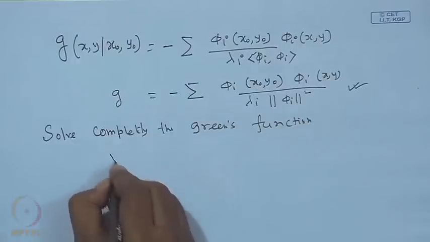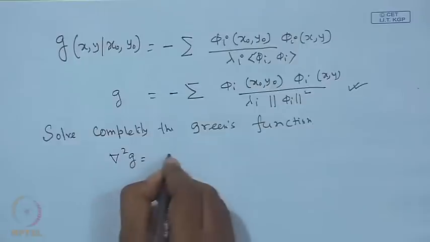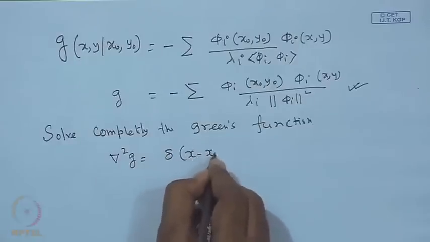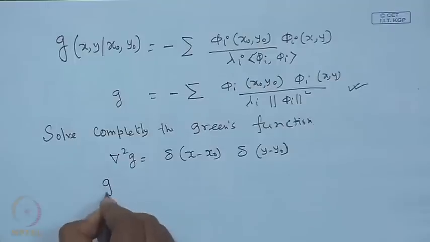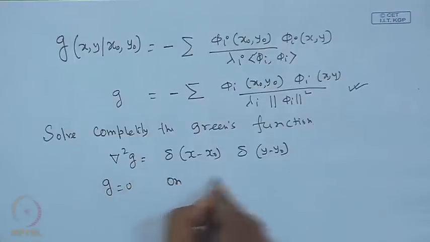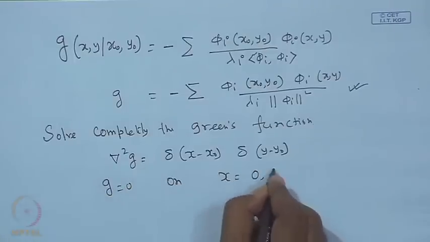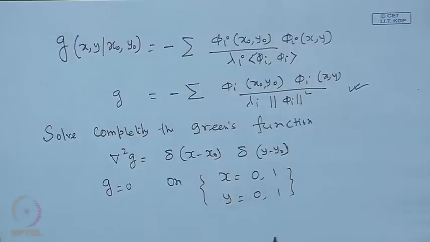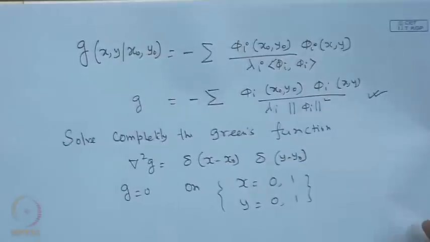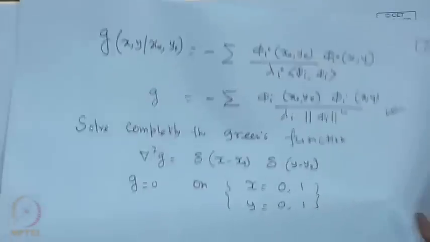So, grad square G is equal to delta x minus x naught delta y minus y naught, and G is equal to 0 on x is equal to 0 and 1, y is equal to 0 and 1. So, on all the 4 boundaries we will have homogeneous boundary conditions. Now, let us solve this problem by using the complete eigenfunction expansion method.